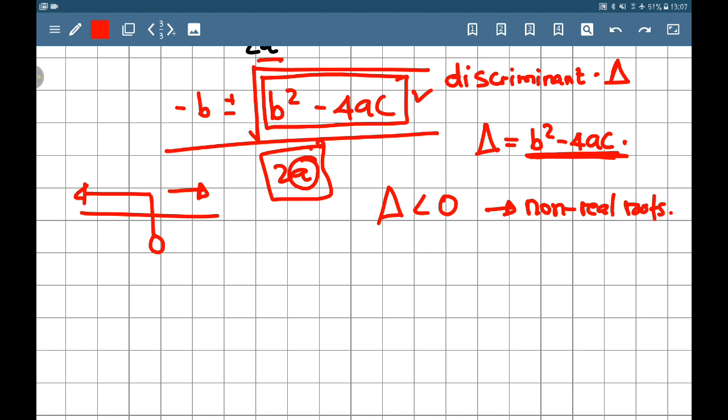So we are saying if what's underneath the square root is less than 0 or negative, we are dealing with non-real roots. Are we clear? Yes. Which means the opposite is true. If delta is greater than or equal to 0, it is only then that we are dealing with real roots. Yes. The opposite is true.